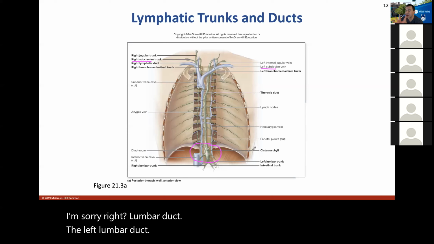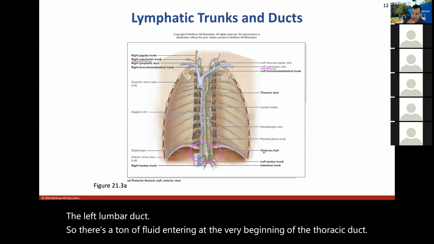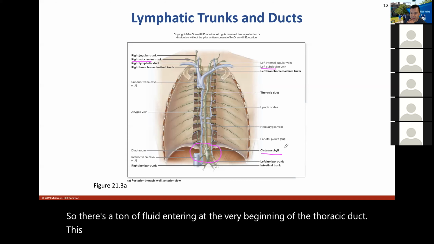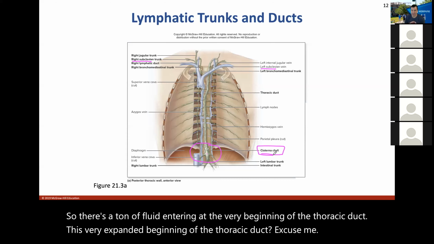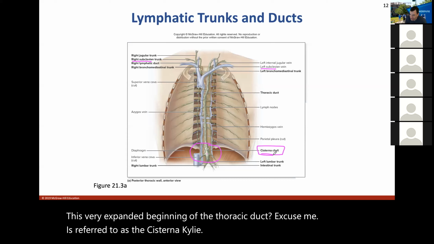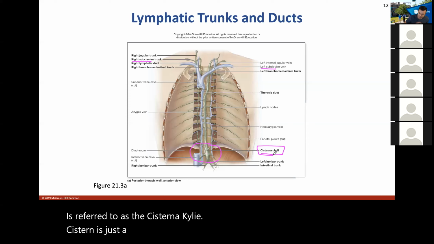So there's a ton of fluid entering at the very beginning of the thoracic duct. This very expanded beginning of the thoracic duct is referred to as the cisterna chyli. Cistern is just a big reservoir, and it's a big reservoir for lymphatic fluid.